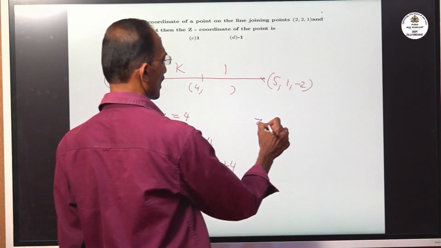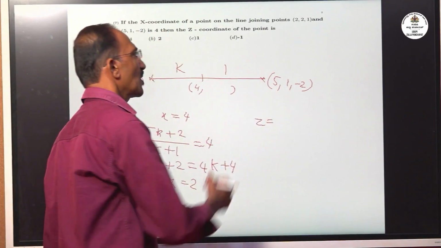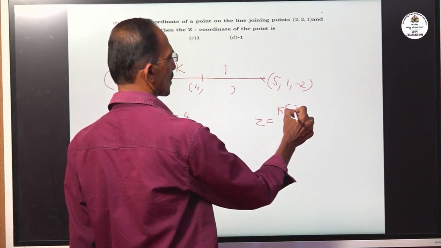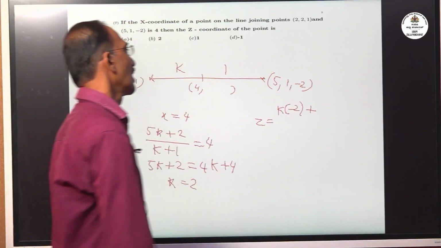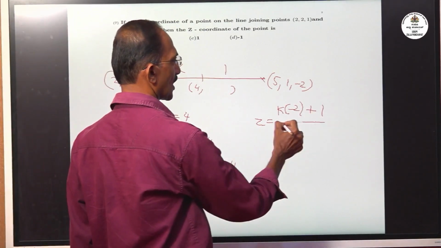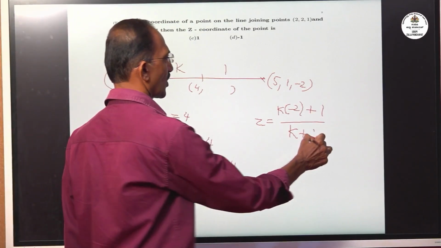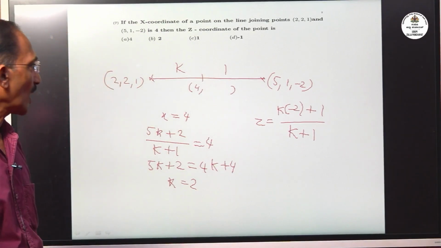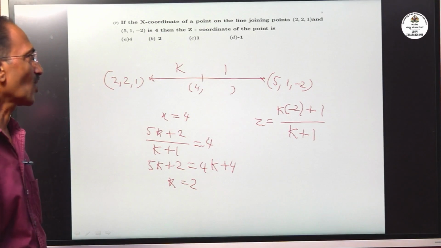So z coordinate of the point is again the same, k into minus 2 plus 1 into 1, that is 1, divided by k plus 1. So k into minus 2 and 1 into 1, that is our z coordinate.